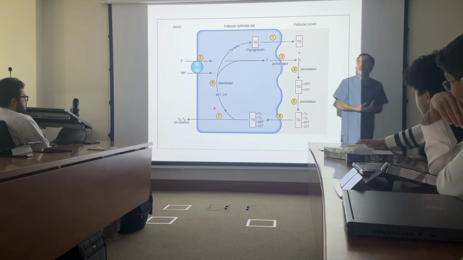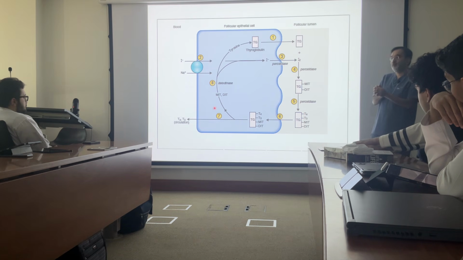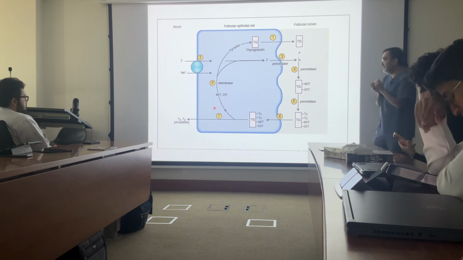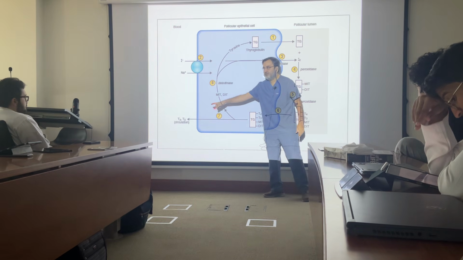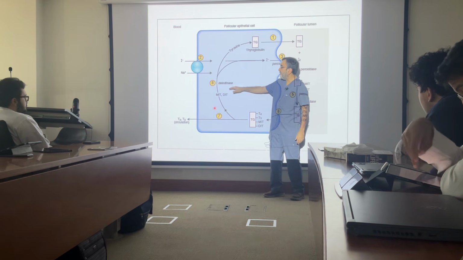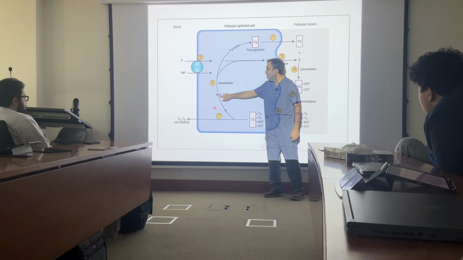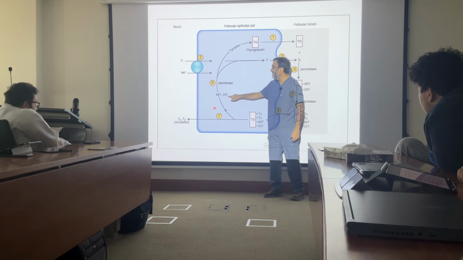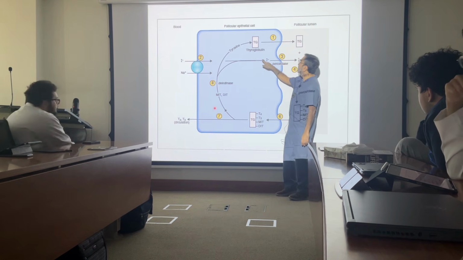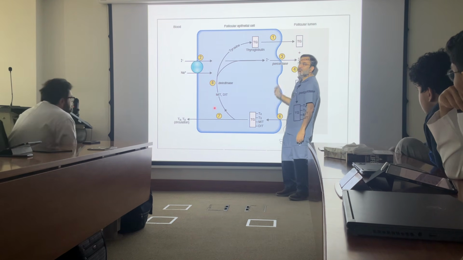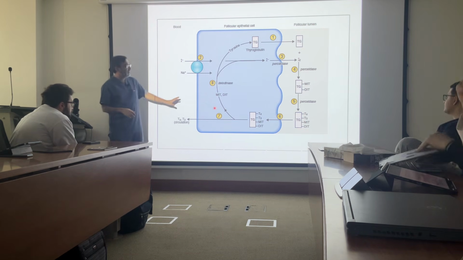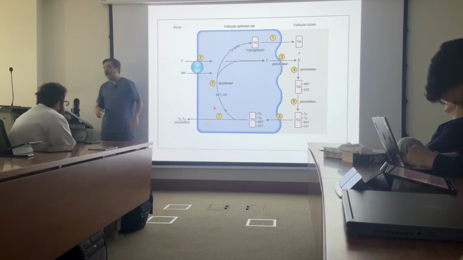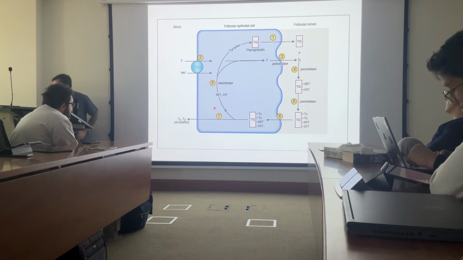Then lysosomes bind to these vesicles taking the T4 and T3 inside, and release T4 and T3 into the circulation. And then you have deiodinase, which takes out the iodine from the DIT and MIT. That would produce again the thyroglobulin, which will recycle into the follicle. So this is how the thyroid hormones are synthesized and released.